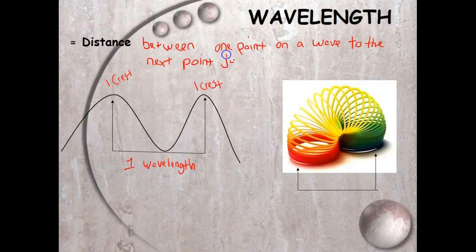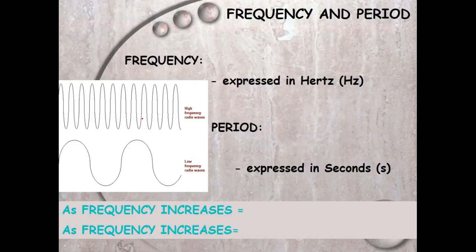Now you could do this with troughs. You could measure the distance from one trough to another, but normally it's the crests, and you'll see that in many different examples. Same thing here, from one to the other. Again, we're not spending a lot of time with compressional waves today. We're going to spend most of our time on transverse waves.